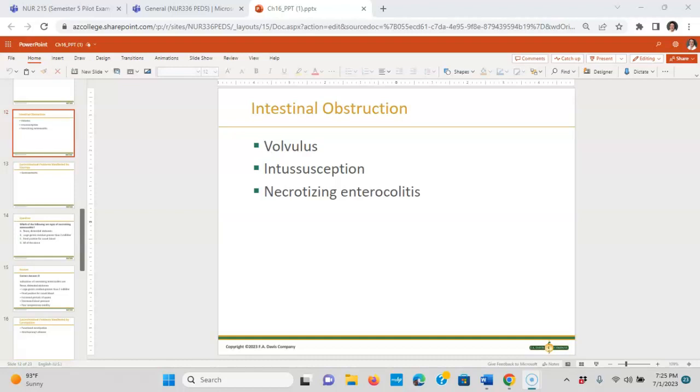So the stomach, the small intestine, the cecum, and the sigmoid are all subject to volvulus. That's a malrotation of bowel during fetal development. Could happen, and it usually has a sudden onset. So this could be in a baby. We've got to be aware of that.